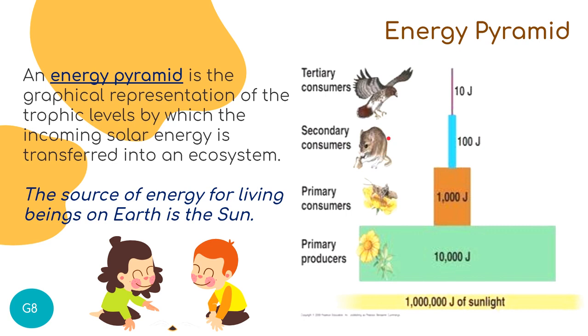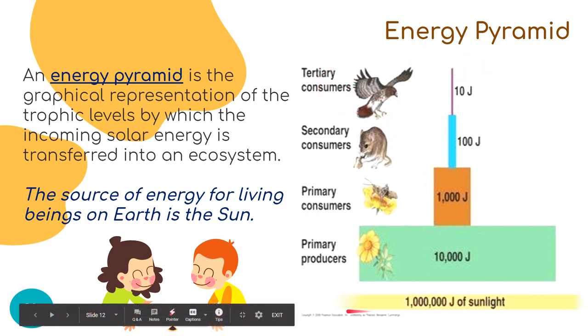So consumers, for example, a mouse here. Once that mouse consumes the grasshopper, only 100 joules are stored in the body of that mouse. That's the only amount that they can utilize. And then once those mice are eaten by the tertiary consumers, for example, an eagle or a hawk, only 10% can reach this trophic level.